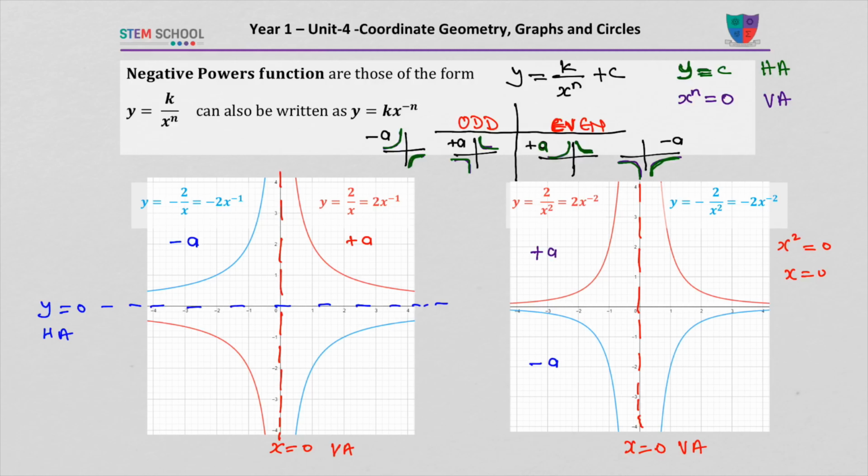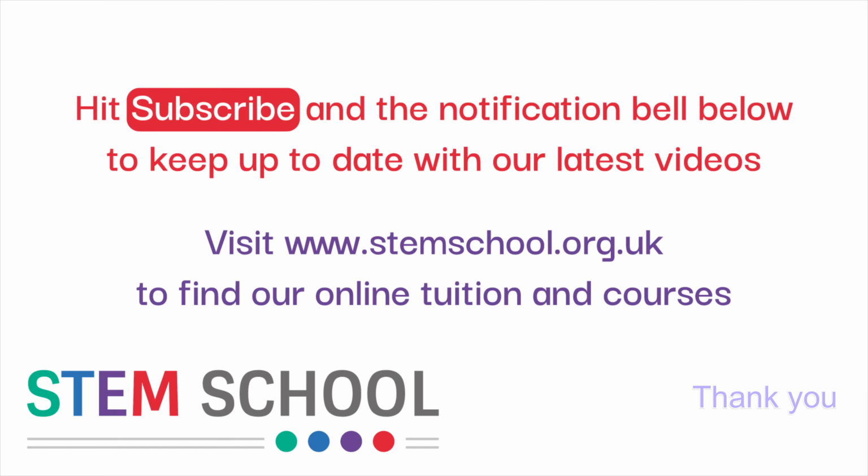And for the horizontal asymptote, well, c is 0 because there's no c next to it. It's plus 0. So the horizontal asymptote here is y equal to 0. So that's how you treat these two graphs, the reciprocal graphs and negative power graphs.